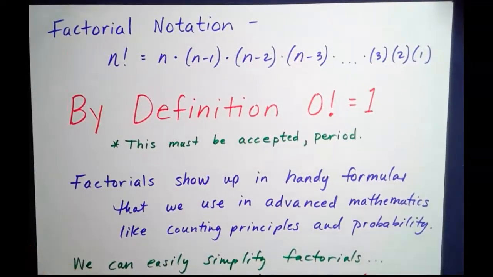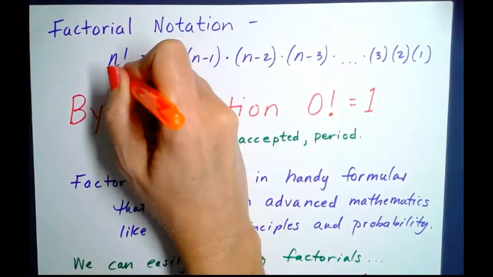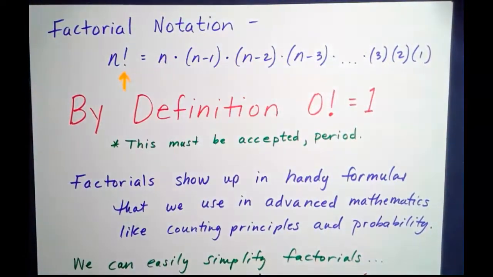Other things we're going to use in this chapter. Factorial notation. Factorial notation, most of you are familiar with. It is exemplified with this handsome exclamation mark. It is on your calculator. I'll show you how to get that.